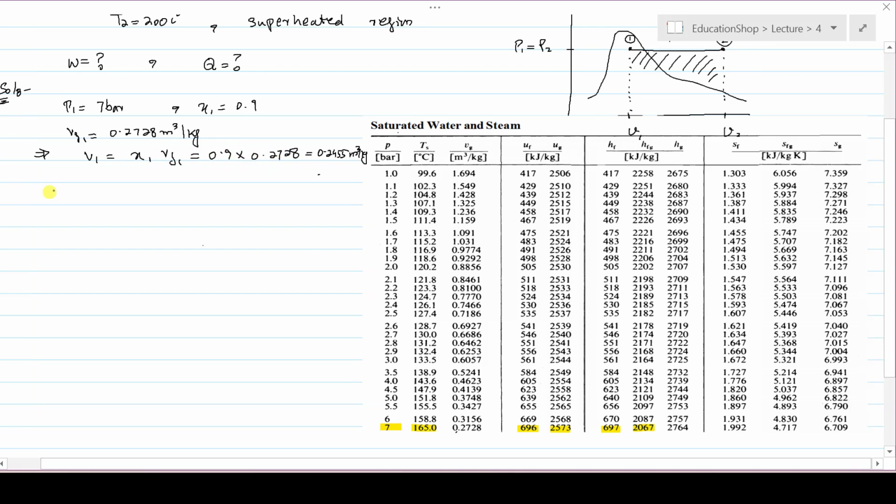Next is to find the enthalpy at state point 1. You can see the hf1 value is 697 kilojoule per kg, and the hfg1 value is 2067 kilojoule per kg.